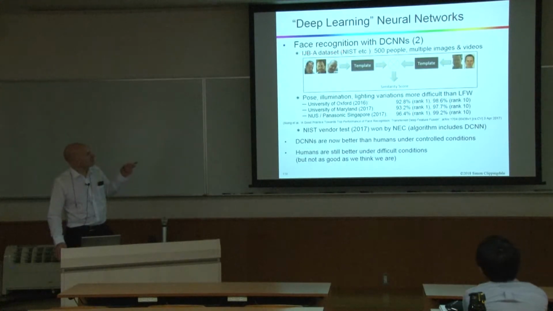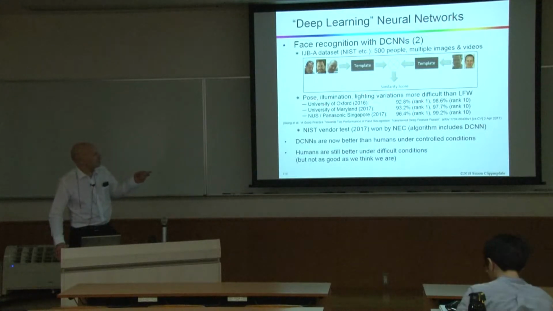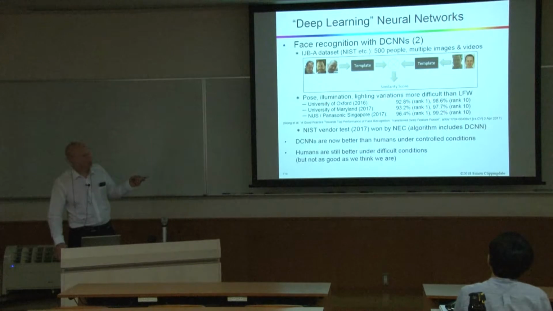So there is another data set used by NIST, which is National Institute of Standards and Technology in the US. It's rather small, but it has multiple images of people and videos. So it's generally more difficult. And the scores reflect that. Although having said that, they're getting pretty good already.